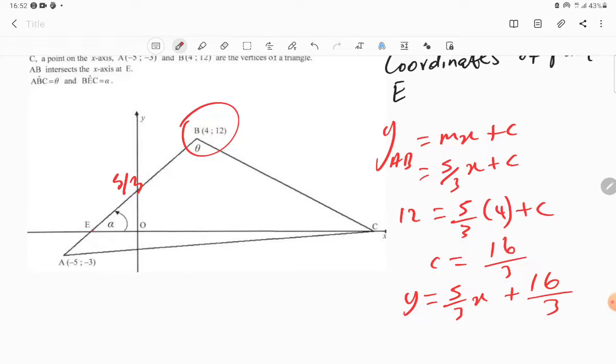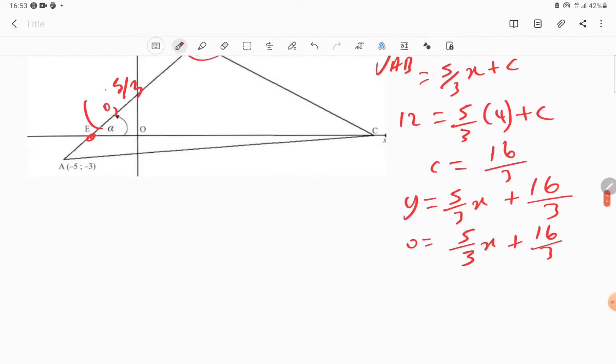Then what do you know about the coordinates of E? You know that y is 0, and it's only the value of x that is unknown. So in the place of y, I will put 0. Knowing that I'll have only one unknown x in this case, I solve it. What I have is negative 16 equals 5 over 3 x, which is negative 16 over 3.